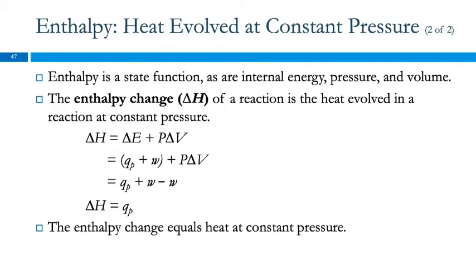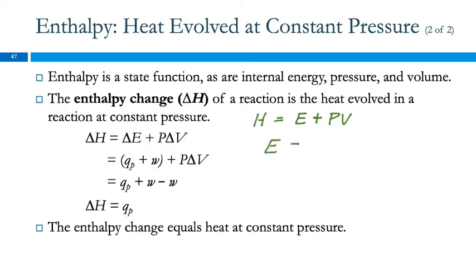But we defined H as the internal energy plus the pressure times the volume. The change in enthalpy is the change in energy plus the pressure times the change in volume. The pressure is constant.